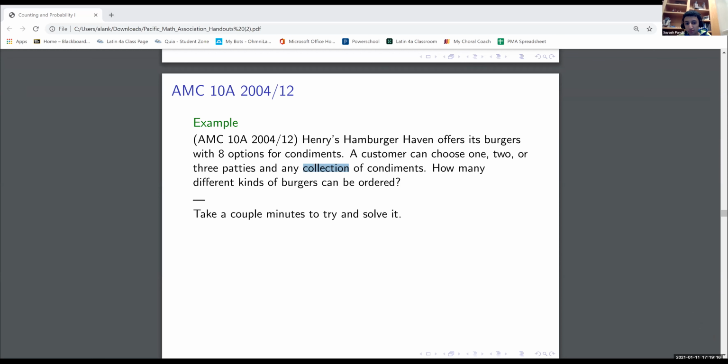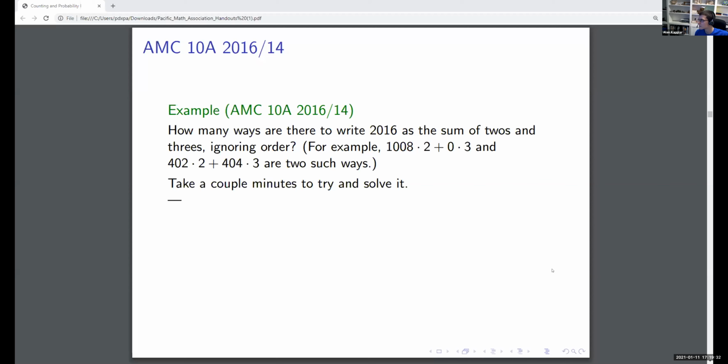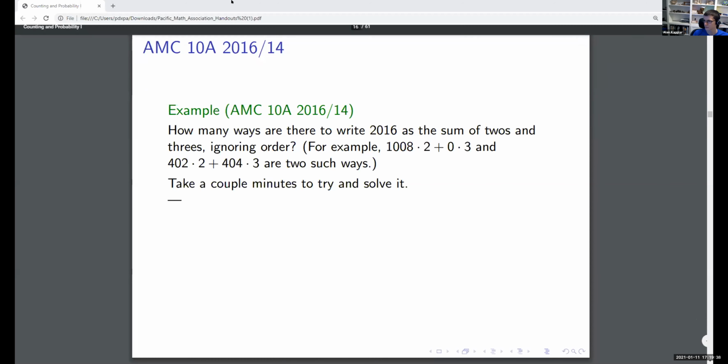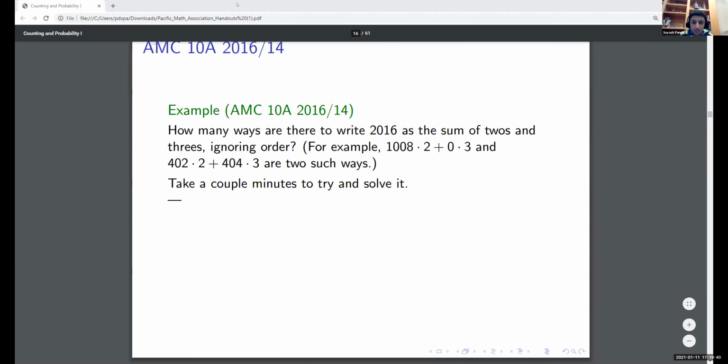Yeah, Alan, I think I was supposed to go from here, actually. Yeah. Oh, okay. Sorry. You want to share screen? Take a couple minutes to figure this out.